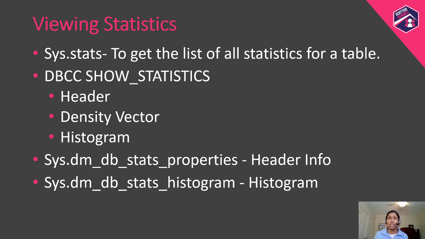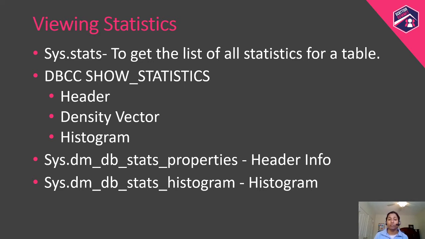If you want to see stats on a particular table in detail, you can use DBCC SHOW_STATISTICS. When you use this DBCC command, you get three different kinds of information: header, density vector, and histogram. We are going to see in our demo what this information gives us.